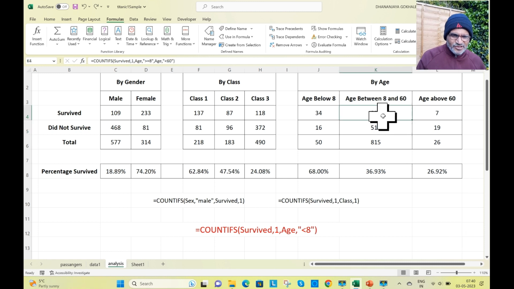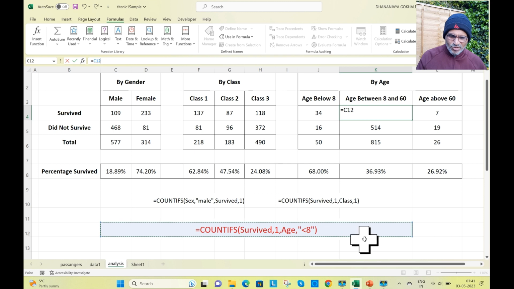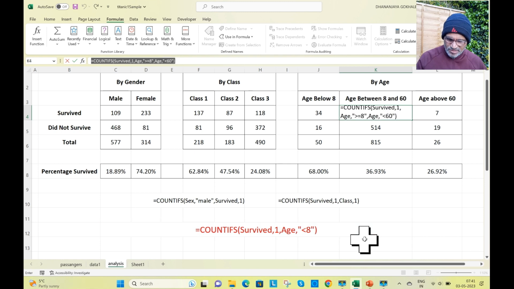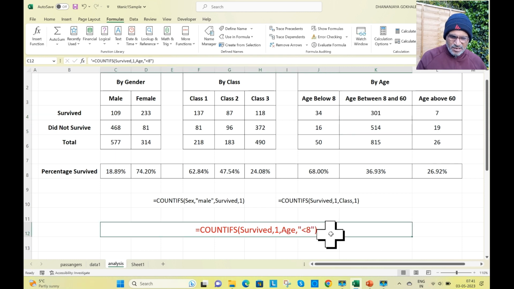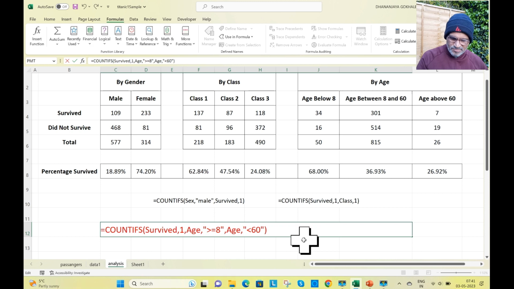Let me copy that also for you. I'll just copy this, and I'm going to paste it over this.